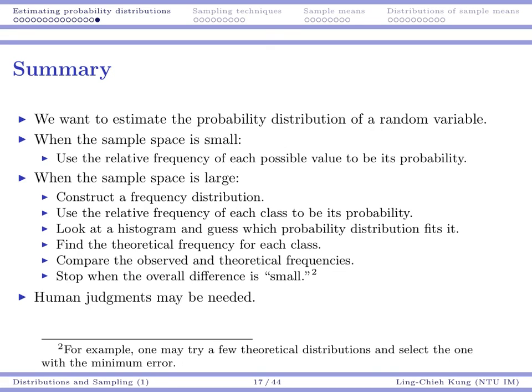So basically we are comparing the theoretical frequencies and the frequency distribution, which contains the observed frequencies. And then we stop when the overall difference is small enough. So typically, we would try a few and then select the one with the smallest total error. And sometimes we need some human judgment. Okay, so that's about fitting.